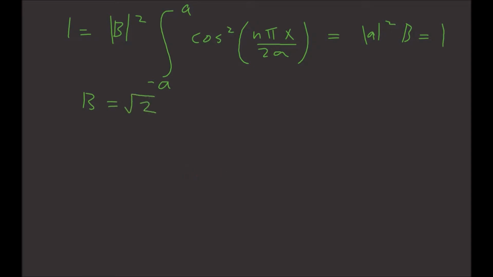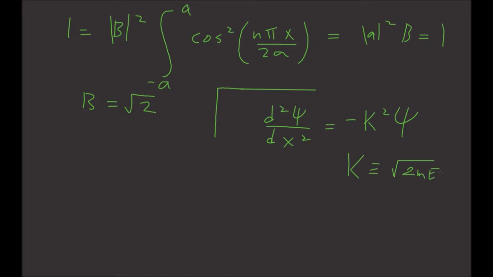Alright, in both cases, the equation we worked on earlier, which is the Schrödinger equation for the infinite square well, tells us that the second derivative of psi with respect to x is equal to minus k squared times psi, where k is as usual defined to be the square root of 2 times m times E over h bar. So in either case, this equation gives us the allowed energy values, which is what we are looking for, to be h bar squared times k squared divided by 2m.